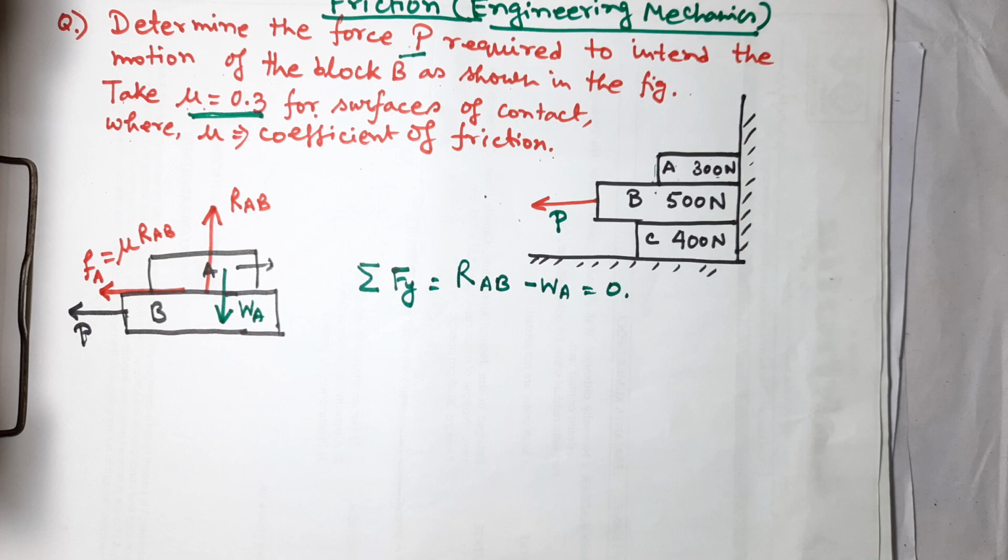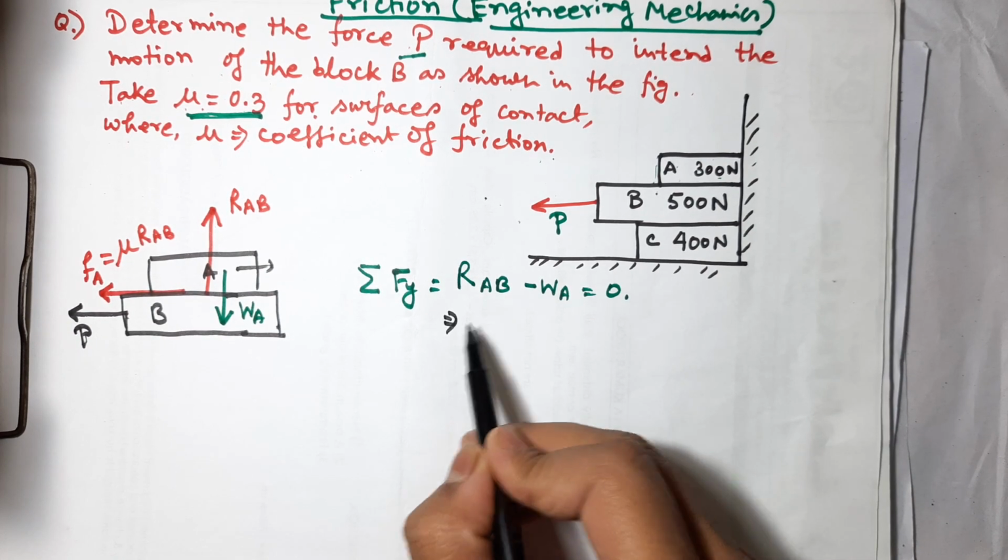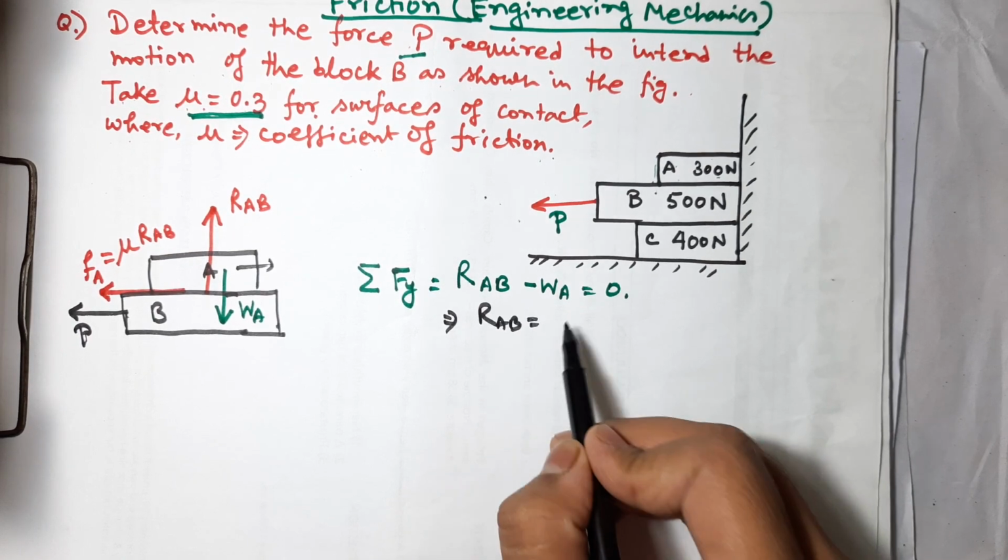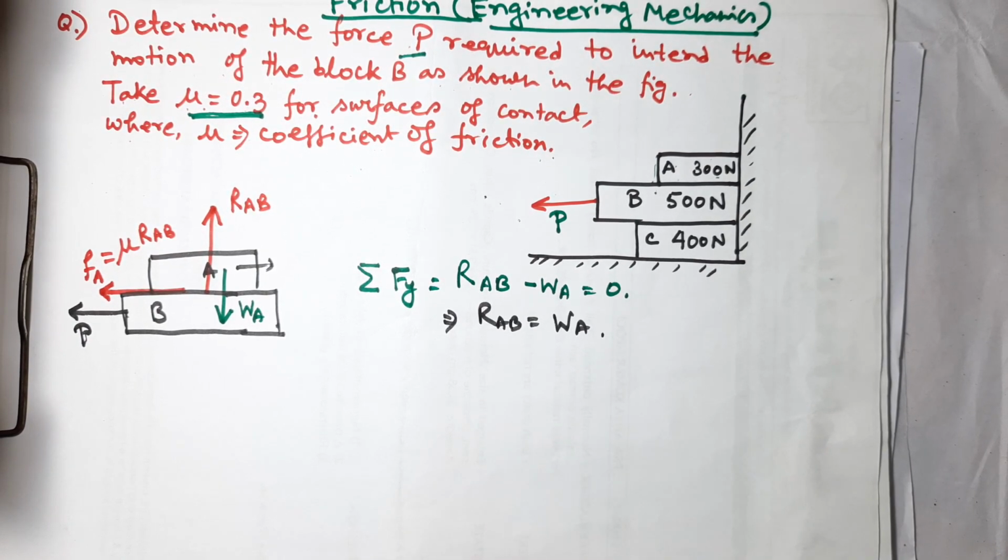So you can easily write that RAB is equal to WA.